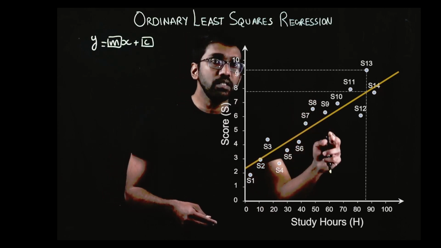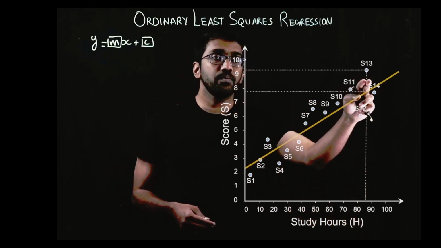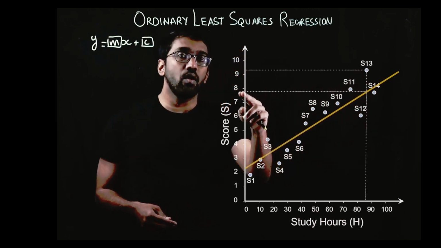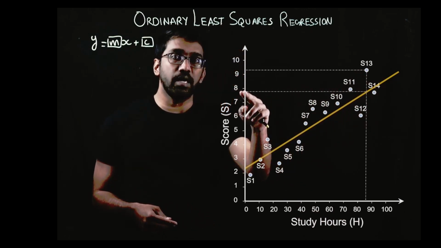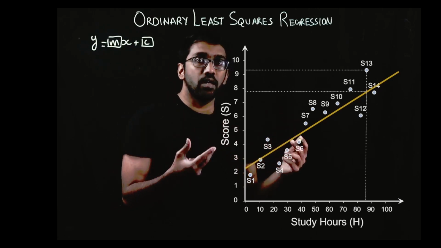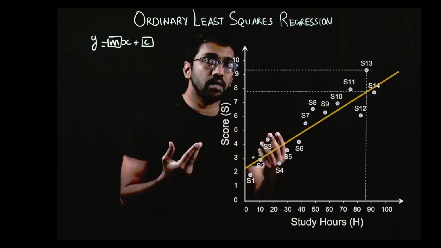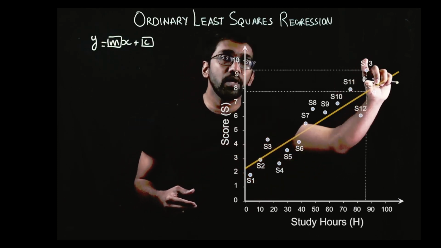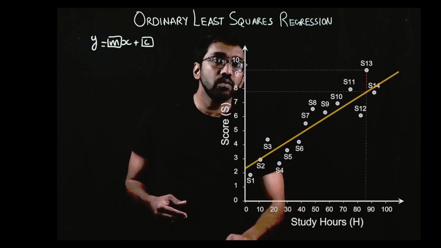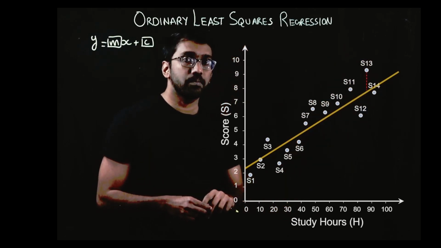The model says that a person who studied for 87 hours will obtain a score of 7.9, approximately 8. So this means that the model is not completely error-free. There is some error associated with the model. So what is that error? The error is what you see here. This is what is called the residual associated with the modeling.